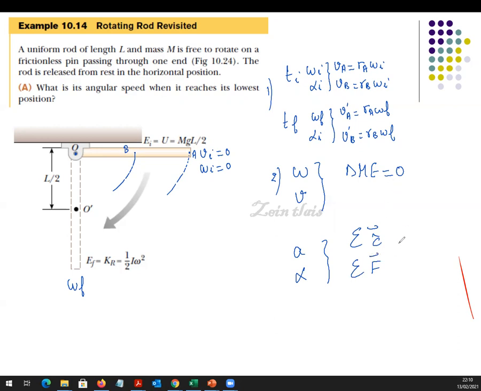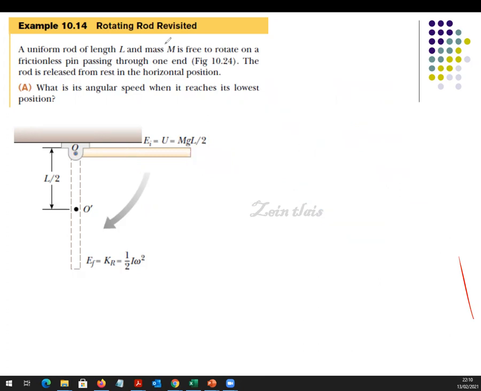This is the general case. Maybe you can use delta mechanical to calculate alpha. You have to solve many examples to know which solution you can use. Anyway, we come back to the problem.